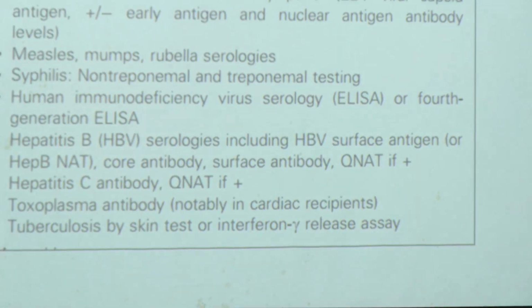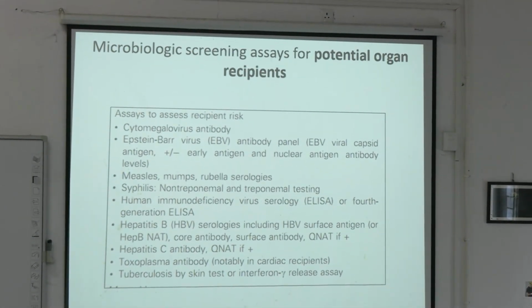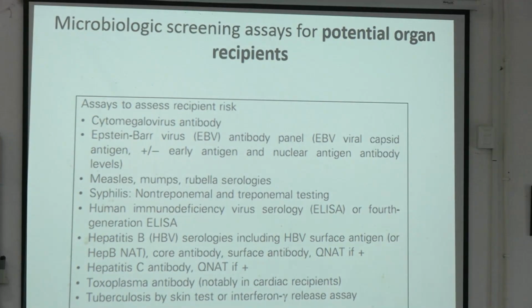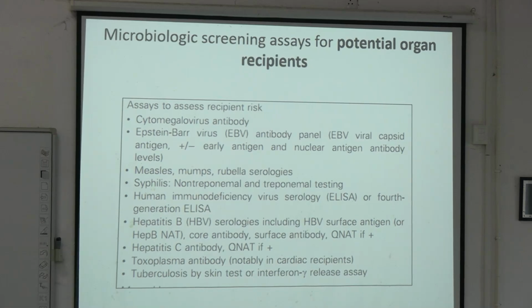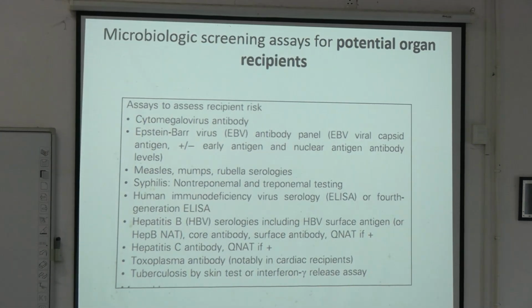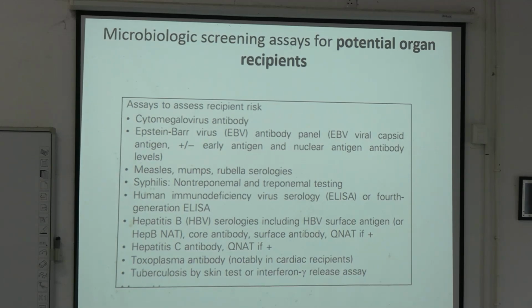And last but not the least, we need to screen the patient for latent tuberculosis either by skin testing or interferon gamma assays. Now, this is very important because most of the time prior to the transplant, these organisms may lie dormant in the body, and post-transplant they may reactivate. So to detect the reactivation, we need to screen them prior to the procedure of transplantation.